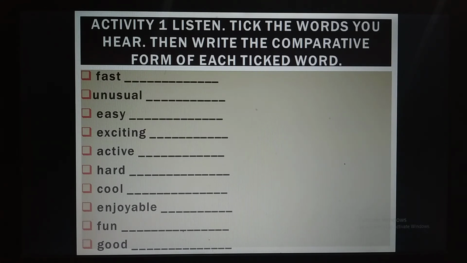You have to tick or put a check mark on the word that you hear in the article, and also write the comparative form of each ticked word. Okay, so listen as I read track 81. I will start.